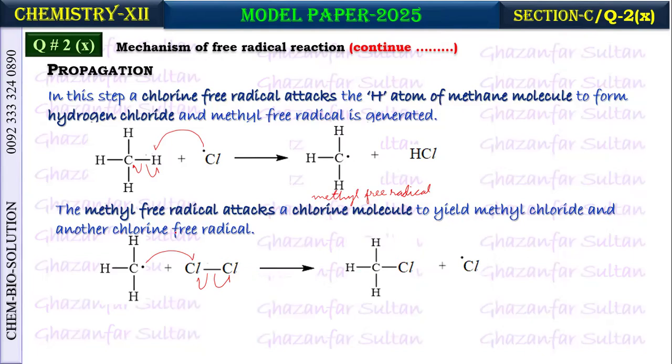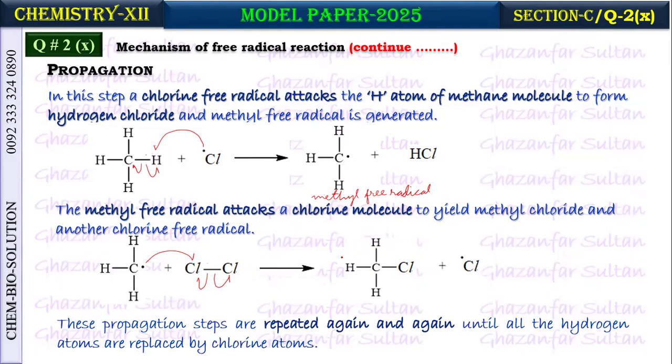As you have seen, everything is written in the text as well. This reaction continues until all the hydrogen atoms have been removed. These propagation steps are repeated again and again until all the hydrogen atoms are replaced by chlorine atoms.